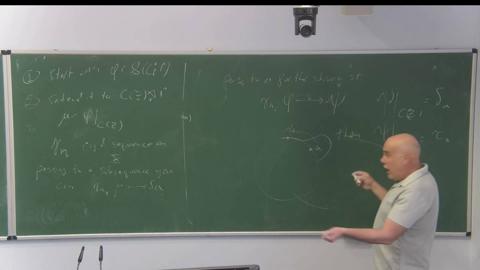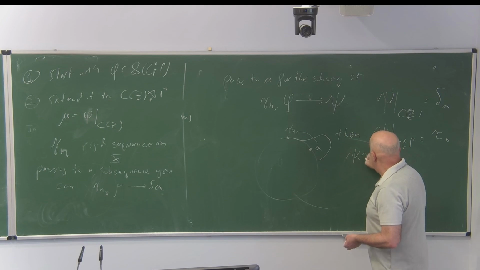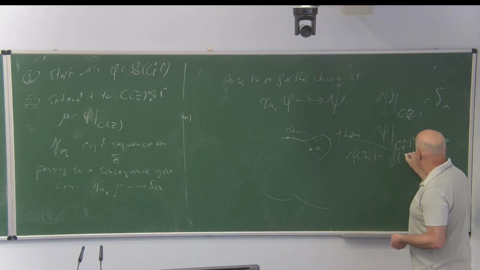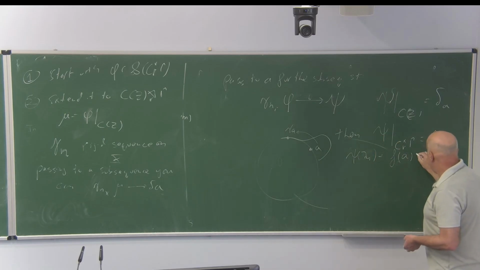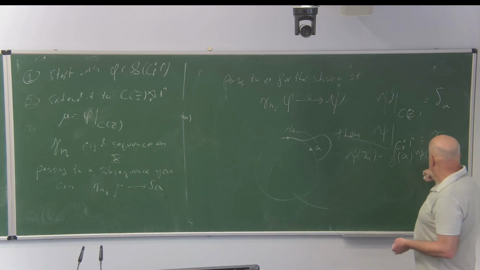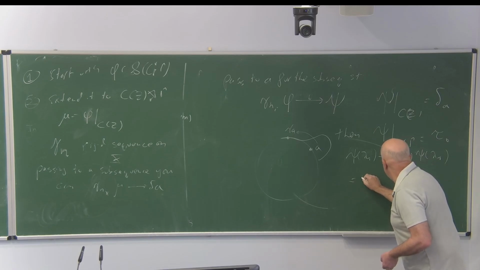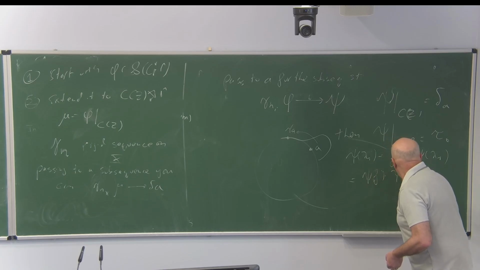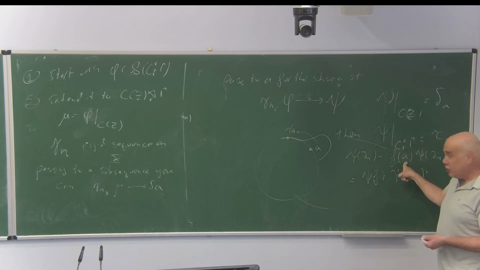And then if you write something like psi of lambda gamma is equal to f of a, this is the bump function, times psi of lambda gamma, right? Because this is just psi of f times psi of lambda gamma, because psi acts as the delta measure.